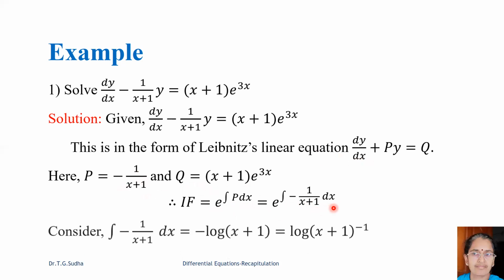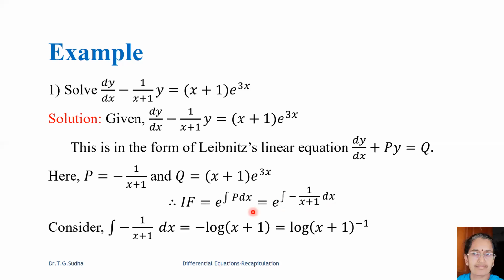Now let us consider the integral in the power, that is integral minus 1 over x plus 1 dx. This is similar to integral dx by x and it is nothing but log x. But here we have minus. So minus log of the denominator function, that is x plus 1, equal to log of x plus 1 to the power of minus 1.